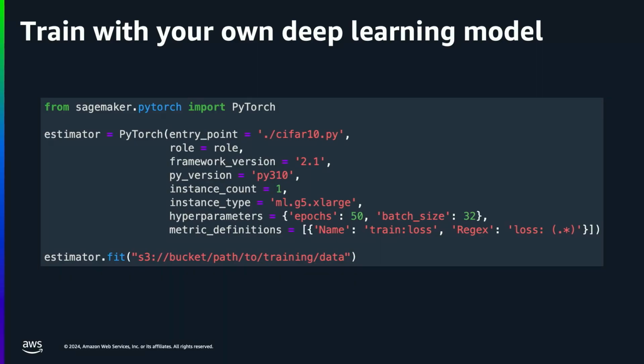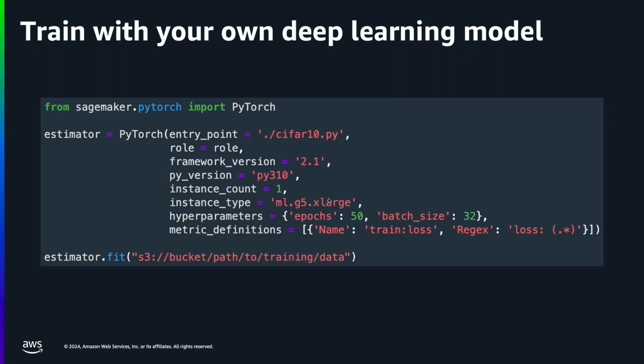And of course, you can do this with your own deep learning models. In this view, we're using the SageMaker Python SDK, and this PyTorch object here is a wrapper around the training job API. So you're calling PyTorch and then estimator.fit, and that's invoking the training job API. It's also pointing to the deep learning container, the base PyTorch container for SageMaker that AWS keeps alive and updates for you.